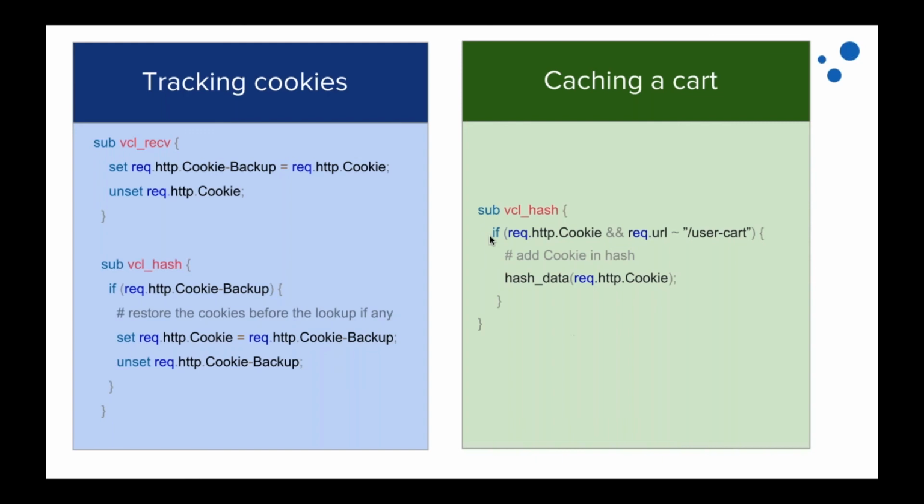Please do notice that there is an if here, and that's a condition. You need to have some sort of condition in place in VCL hash, because we don't want to use the cookie header for any arbitrary object within your e-commerce. If you cache every single fragment using the request URL, the host name, and the cookie header, that will lead to cache fragmentation.